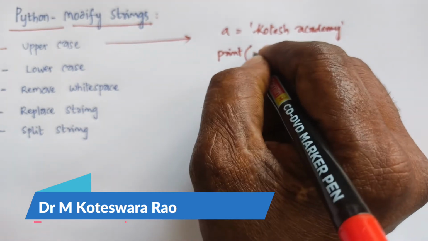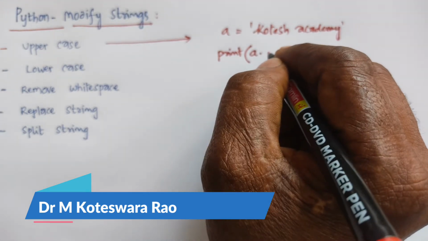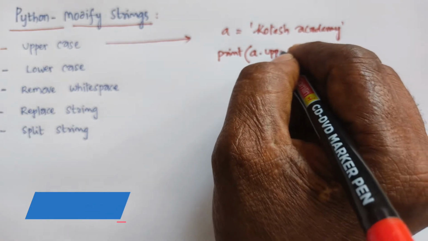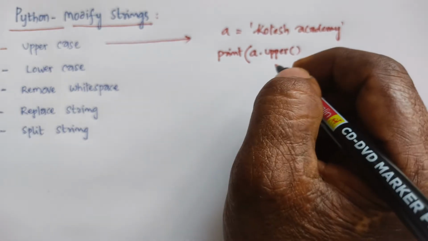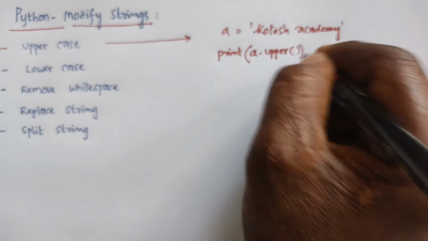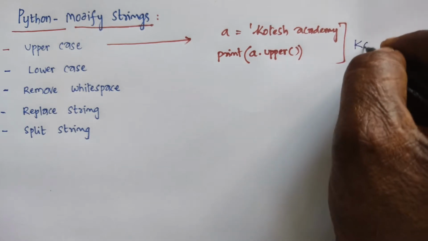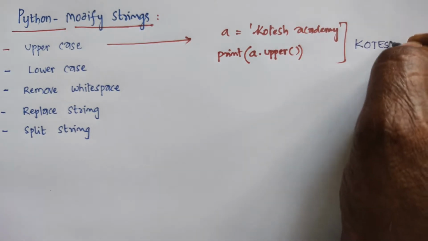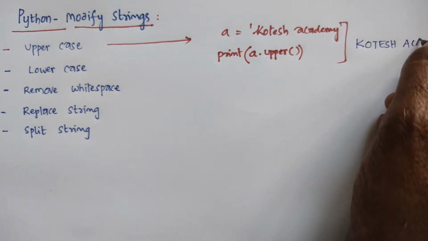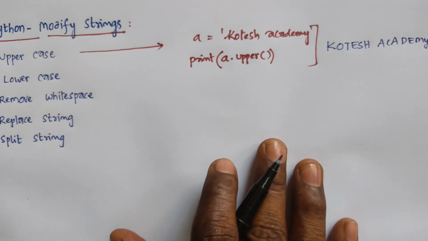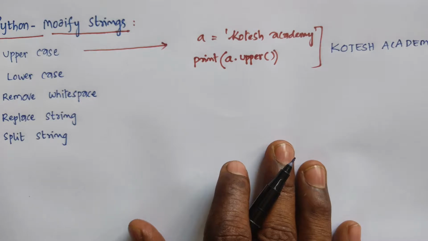So here, print a dot upper, that is a built-in function. Then the result will be all capital letters, K O T E S H ACADEMY. That is the result for the first case.